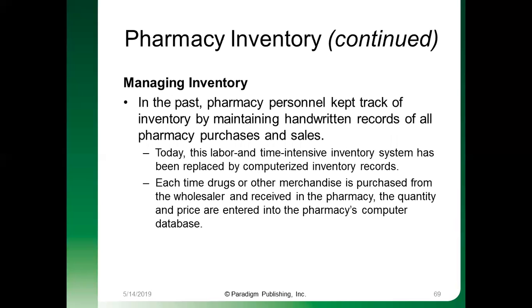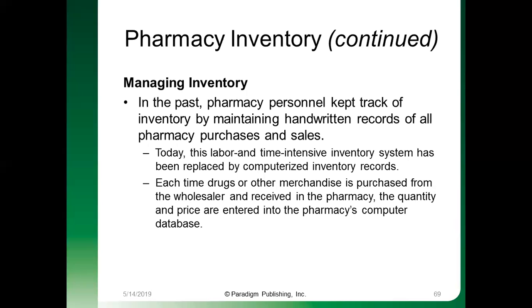In the past, pharmacy personnel kept track of inventory by maintaining handwritten records of all pharmacy purchases and sales. Today, this labor and time-intensive inventory system has been replaced by computerized inventory records. Each time drugs or other merchandise is purchased from the wholesaler and received in the pharmacy, the quantity and price are adjusted into the pharmacy's computer database.